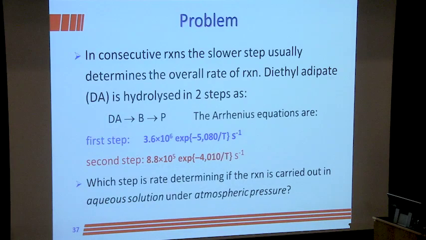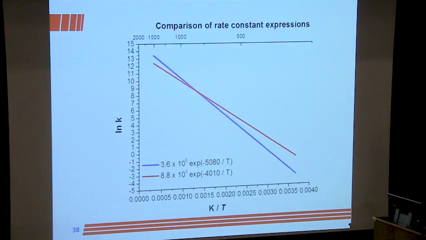So the answer to this question is, which step is rate determining depends on what temperature you're at. If you're at a temperature below 800 Kelvin, this reaction is rate determining. If you're at a temperature above 800 Kelvin, this reaction is rate determining. The rate determining step will be the slower one.